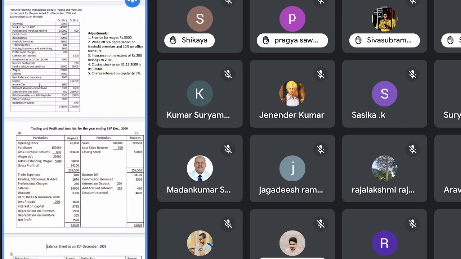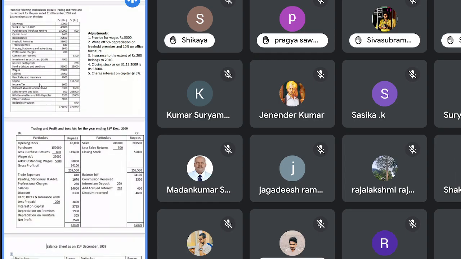Then you have to write any other direct expenditure. What is direct expenditure? Wages, fuel, or like that, right? So here wages is given, 25,000. In the adjustment, you have to check whether there is outstanding wages or not.